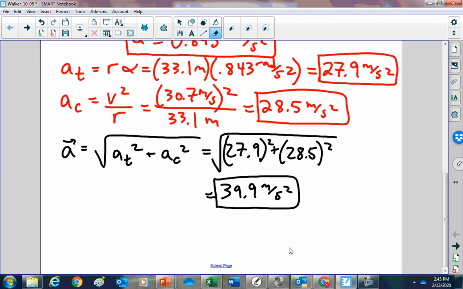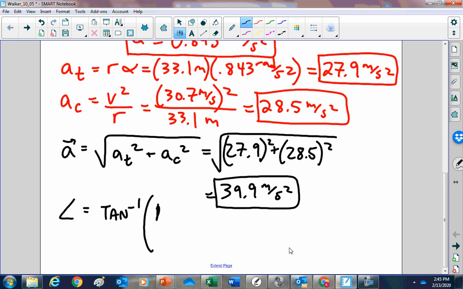Theta's overused here, but this angle is inverse tangent of a_T over a_C, and when I do that, I should get almost 45 because they are almost equal. 44.4.